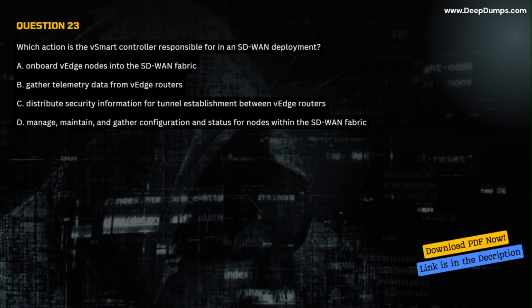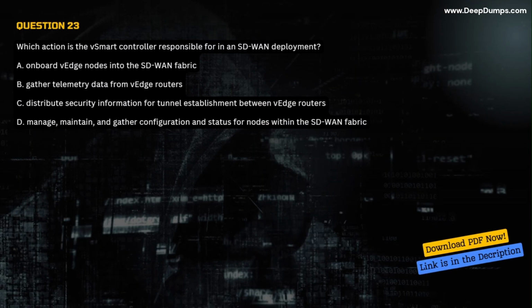Question 23. Which action is the vSmart controller responsible for in an SD-WAN deployment? A. Onboard vEdge nodes into the SD-WAN fabric. B. Gather telemetry data from vEdge routers. C. Distribute security information for tunnel establishment between vEdge routers.